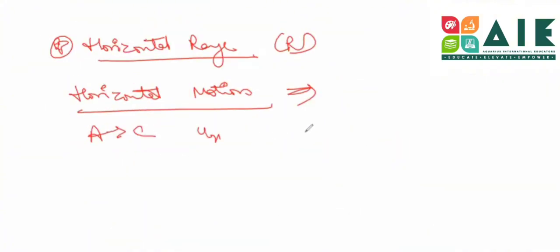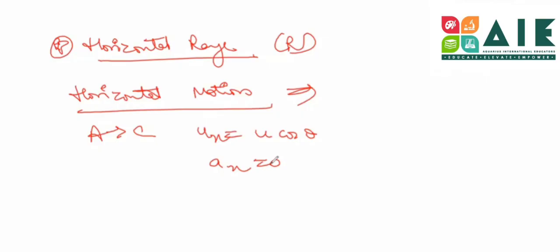My ux is u cos theta in this case. In horizontal motion, acceleration is 0 because gravity is acting only vertically. Velocity is constant, u cos theta throughout, because acceleration is 0. Vertically the speed is 0 at the highest point, but horizontally the speed is there, u cos theta.